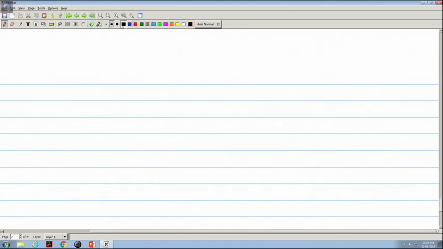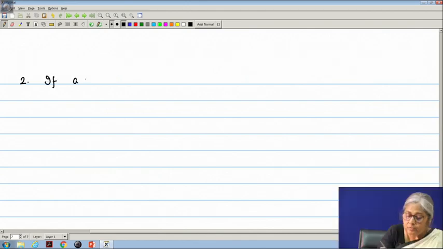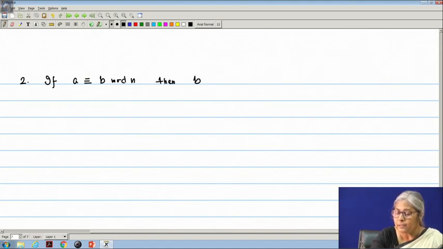Now, the other property I can write, which is very trivial, that if a is congruent to b modulo n, then we can write b is congruent to a modulo n.